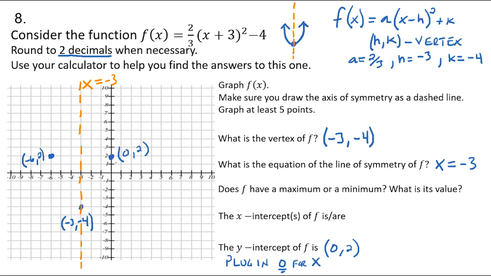We can either set this function equal to 0, so we can say 0 equal to 2/3 times (x plus 3) squared minus 4, and we can solve this using the square root method.